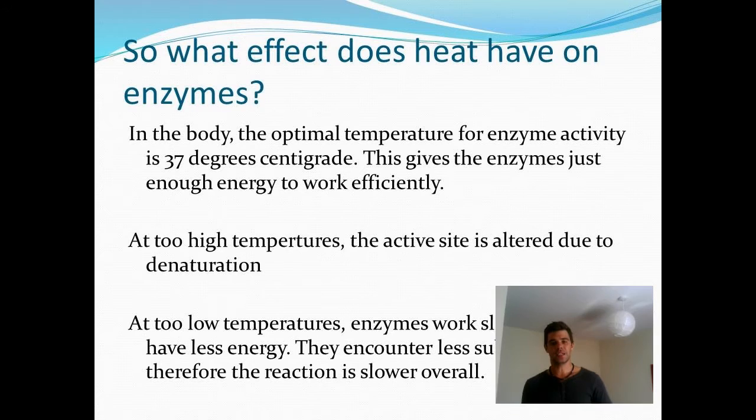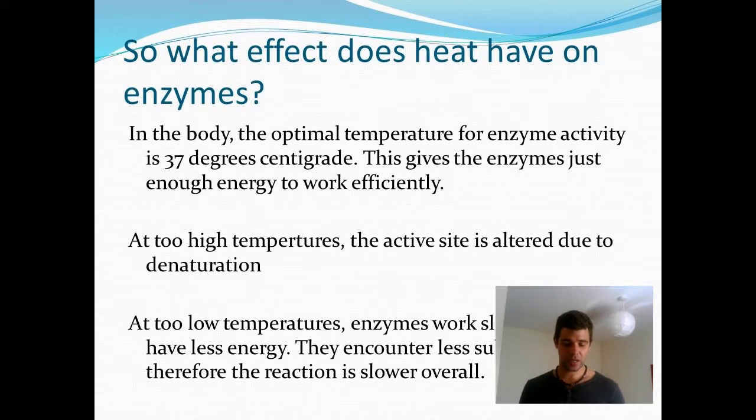Right, so heat. Inside the body, you've got a base temperature of roughly 37 degrees centigrade. This is the optimum temperature for enzyme activity. It gives the enzymes plenty of energy, which means that they're able to move around and they're able to come into contact with the substrate fairly quickly. Okay, now, if you get a fever, or if you are too hot, or if there's too much heat provided to the reaction, then the enzymes can denature.